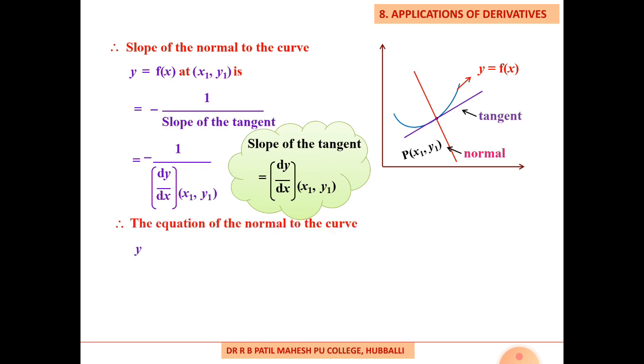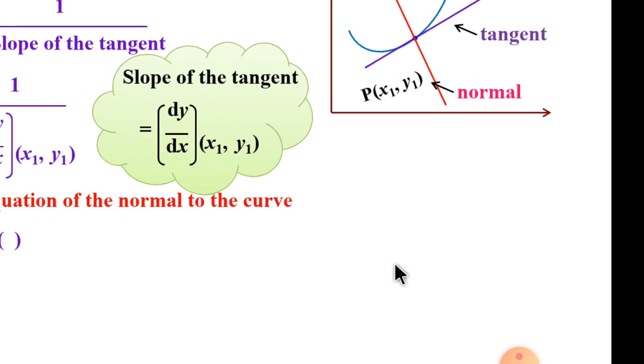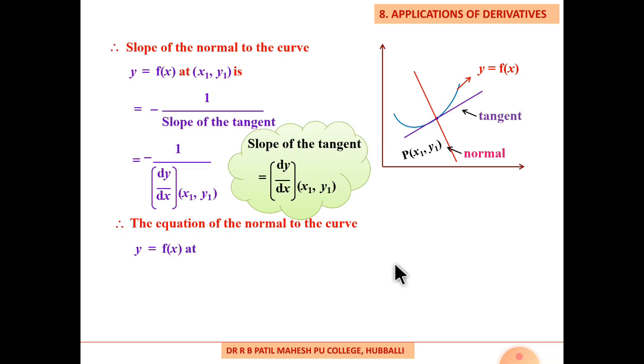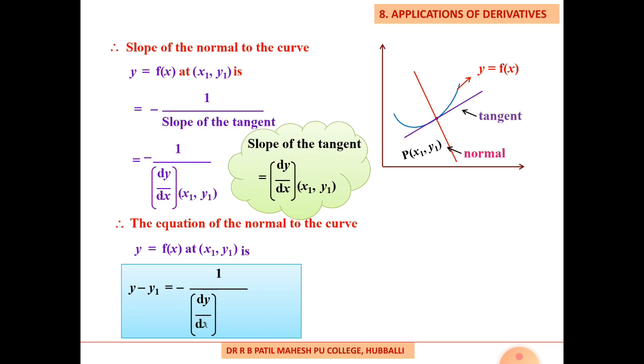Next, the equation of the normal to the curve y equal to f of x at (x1, y1) is given by y minus y1 equal to minus 1 divided by dy by dx at (x1, y1) into x minus x1.